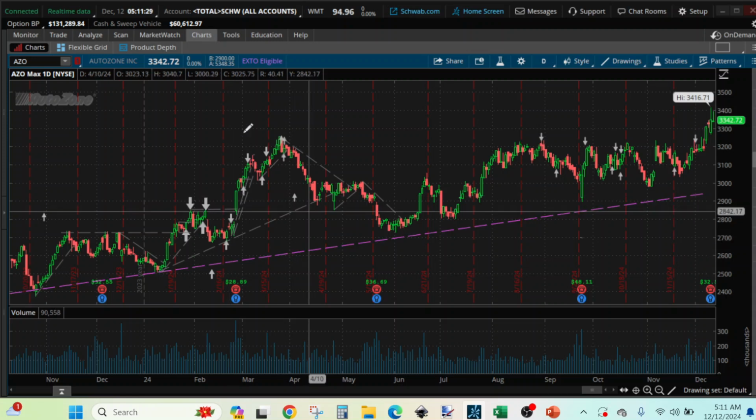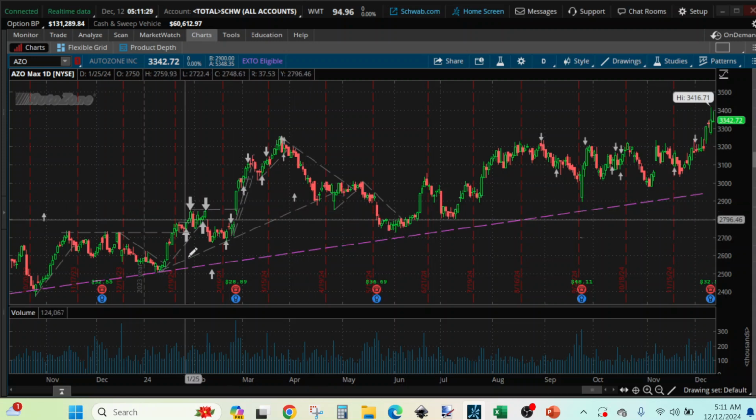But you can see that in 2024 we traded quite a bit on short-term trend lines.